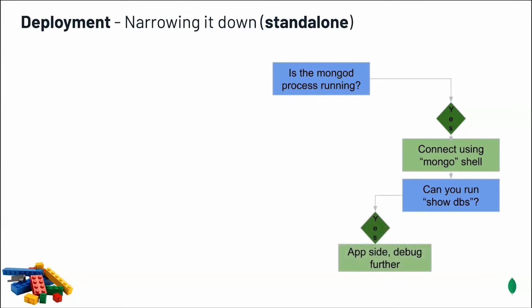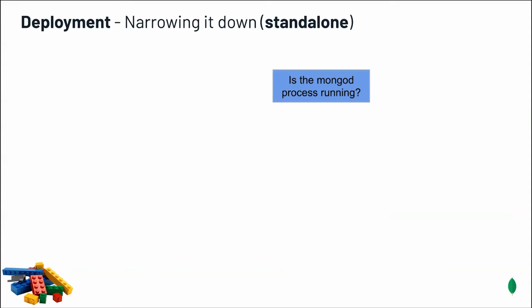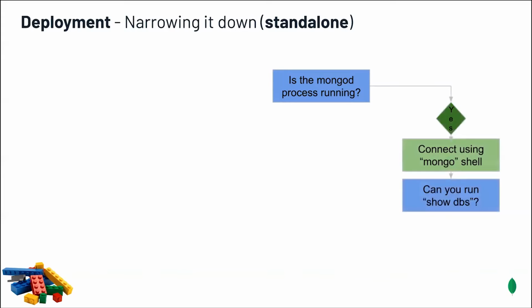Okay, if you can run show dbs and it's successful, probably the issue is on the application side, and you need to debug your application. It may be different things like connection string, network issue, like that. In case you cannot run show dbs, but you can connect using Mongo Shell, it's possible that you have some kind of permission-related issue.